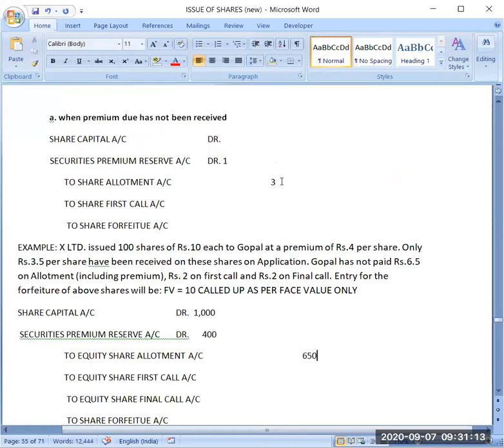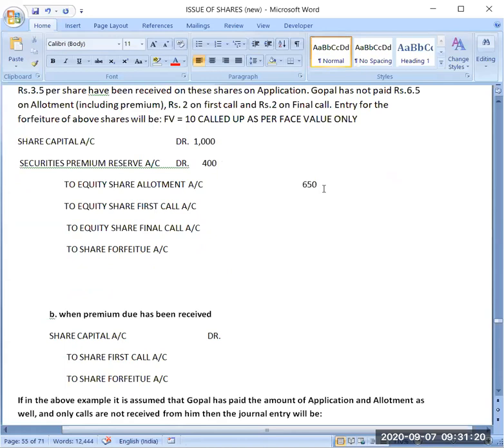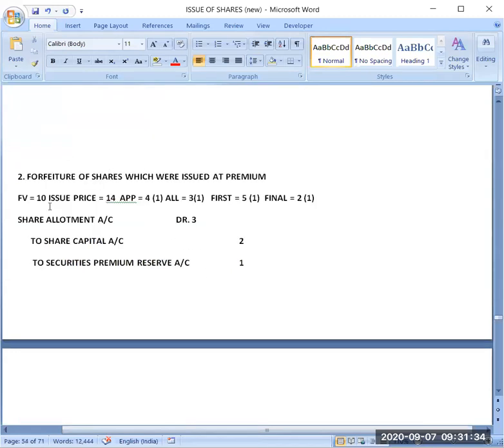Here also I told you that you have to include the premium also. Yes, please. Now this confusion is clear. You have to include the premium. So that we have debited, we are cancelling the premium. See, when I am forfeiting, I am just reversing this entry.